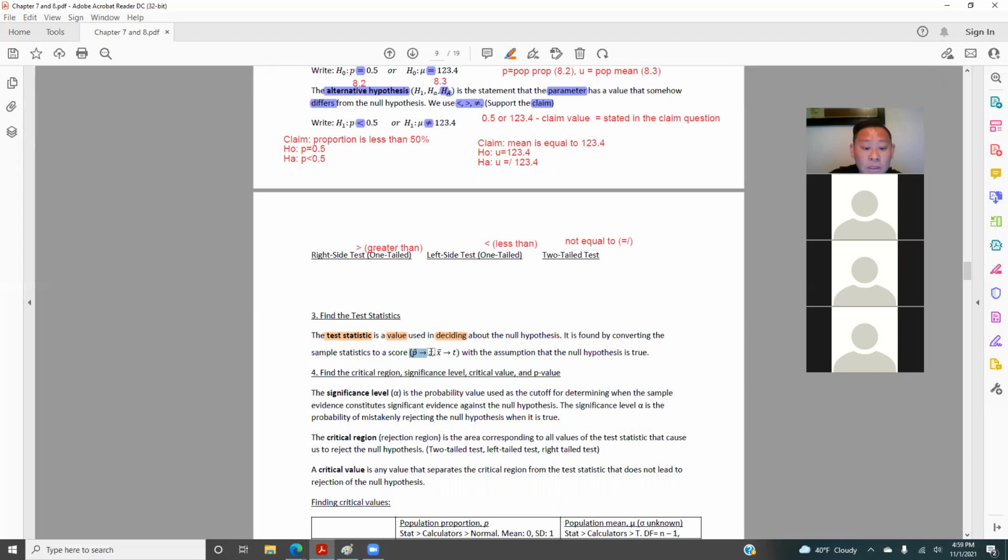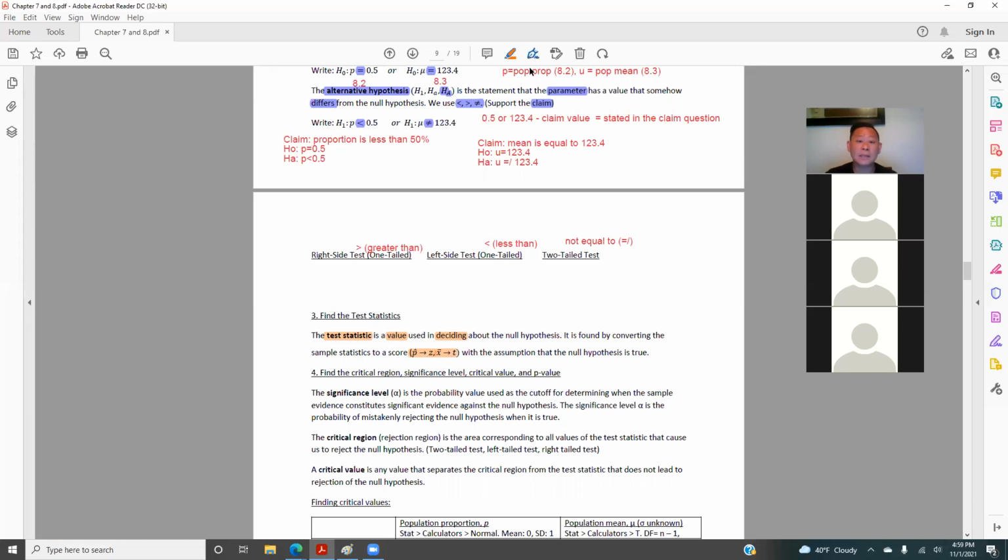If you have a proportion, the test statistic in this case is called a Z. If you are using a mean, the test statistic is called a T. Okay, so a test statistic is given as either a Z score or a T score, depending on what we are using or what we are doing. So that's why for proportion we use Z, for mean we use T.